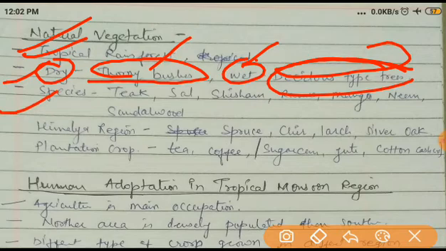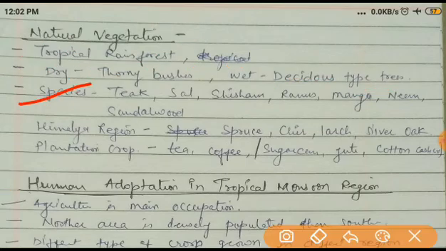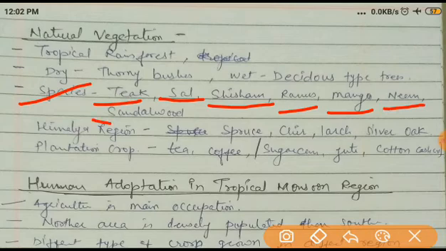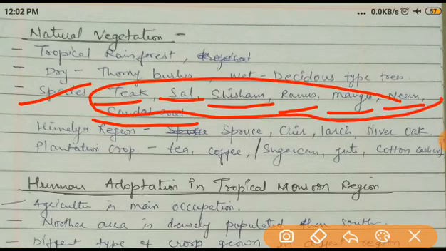Next one is the species. What kind of species of plants? Here you can see teak, sal, shisham, mango, neem, sandalwood. These are all the types of plants located here, which are very common, because you are also in the region of India. So no need to learn.